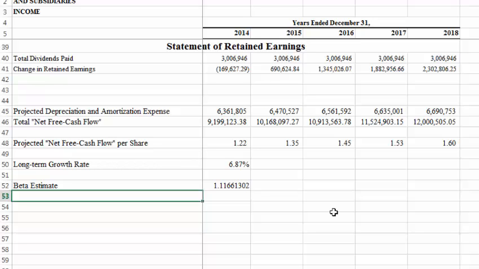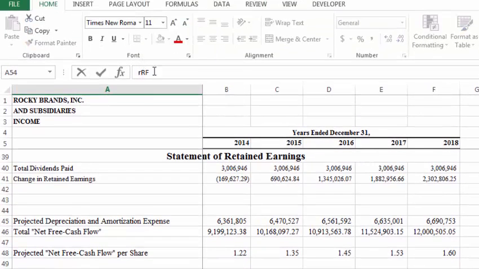Then I'm going to look at my risk premium, and then my risk-free rate. And since I'm being anal, I think I'm going to subscript the RF.